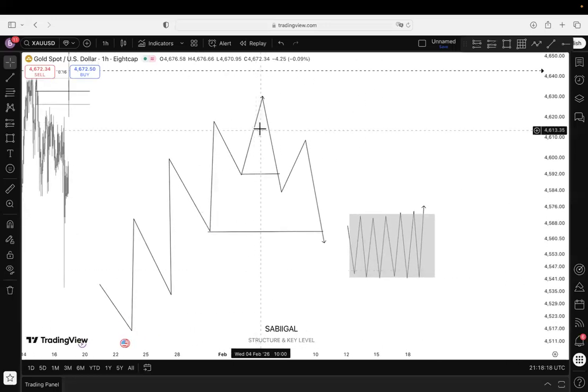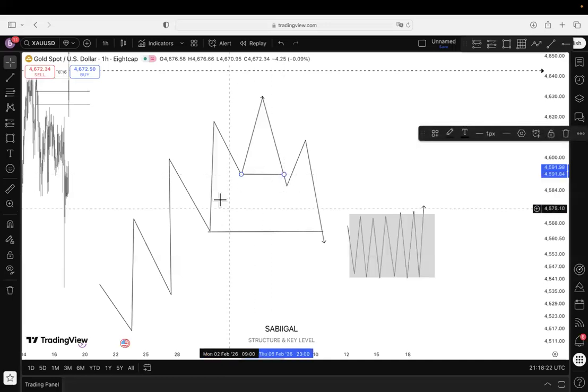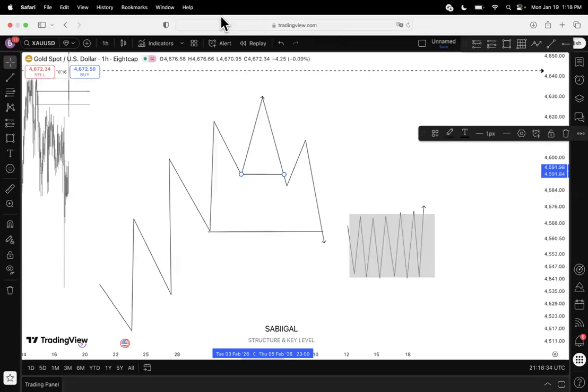Now let's continue. Now the advanced, it has to be 2 breaks of structure, just 2. For now, you might be wondering, how can I know a valid break of structure? Just calm down.